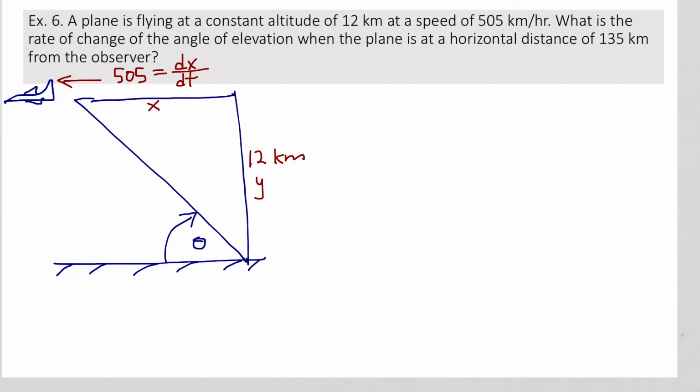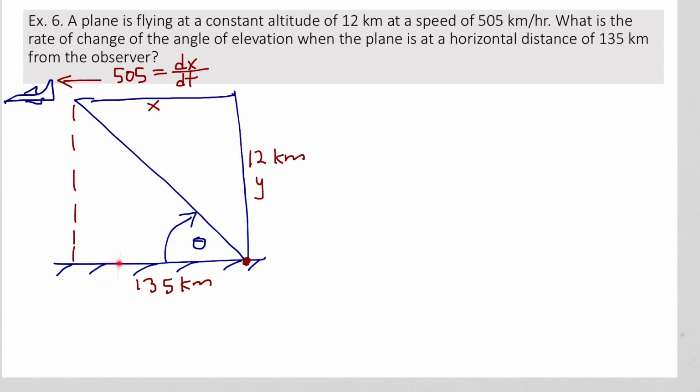Then it says, what is the rate of change of the angle of elevation when the plane is at a horizontal distance, so that would be my x distance of 135 kilometers from the observer. My observer's down here, looking up at the plane right here.